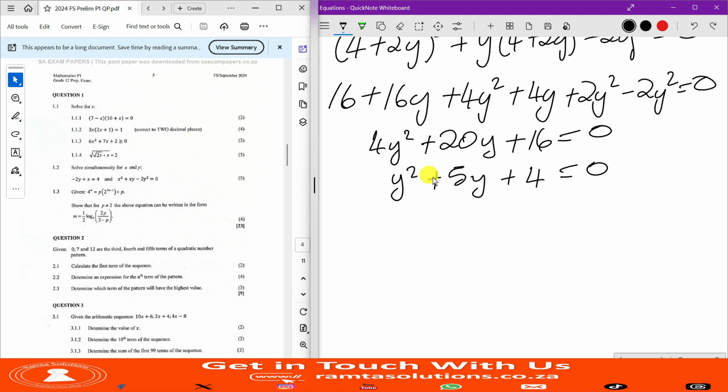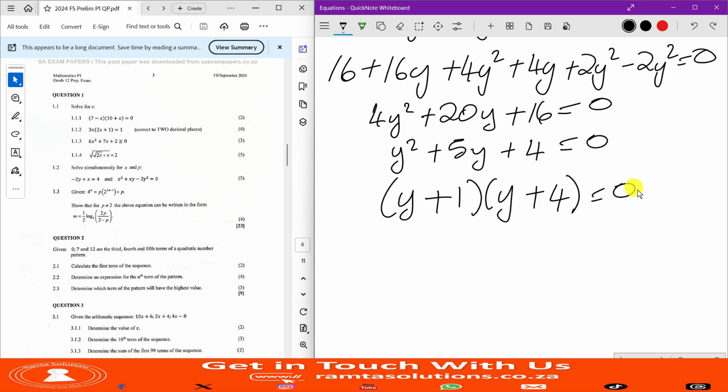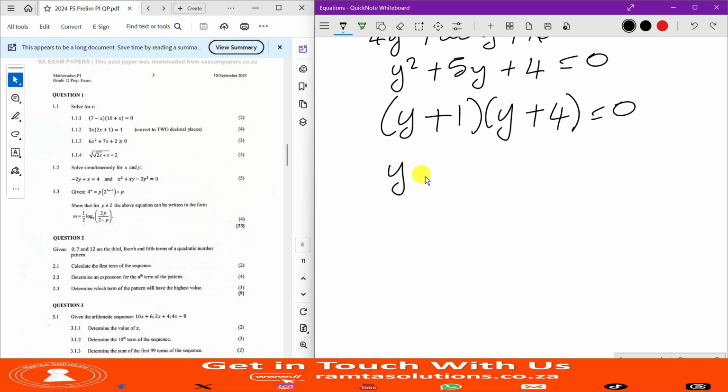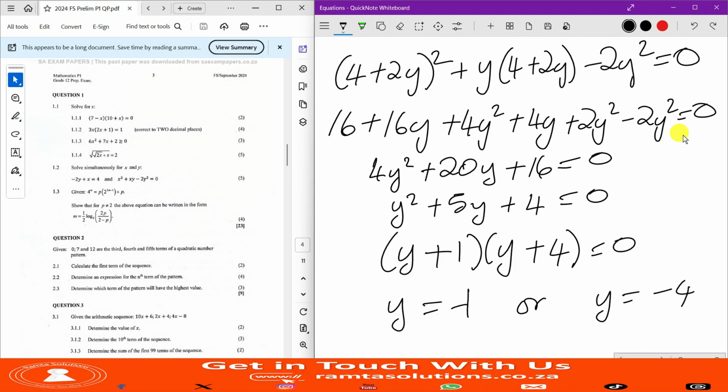Now we can factorize. Factors of 4 here will be 1 and 4. So y plus 1 and y plus 4 equals 0. Now y equals negative 1 and y equals negative 4. We're going to substitute this into equation 3, where x is equal to 4 plus 2y.